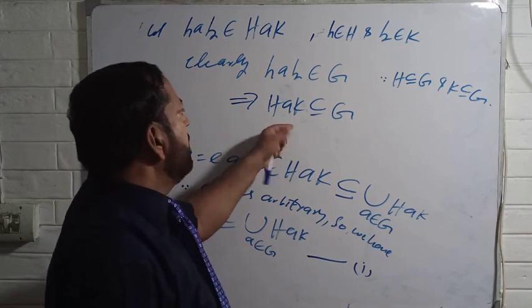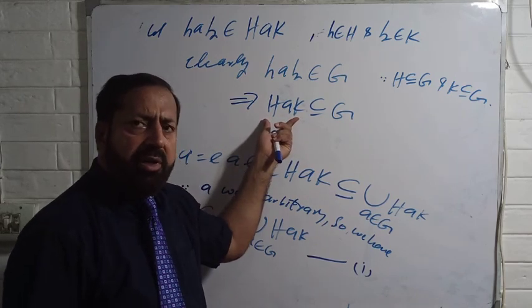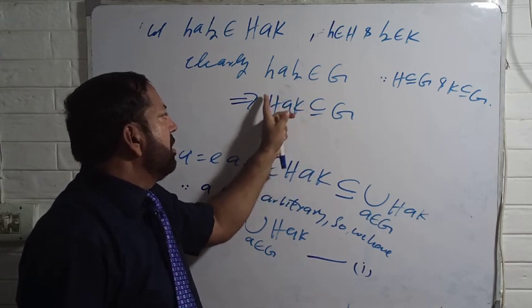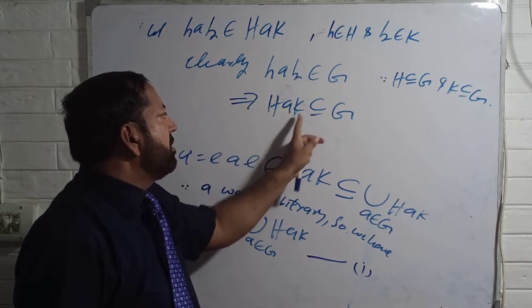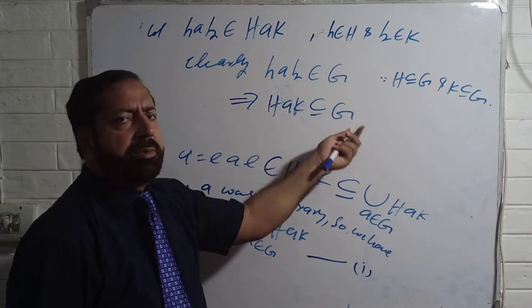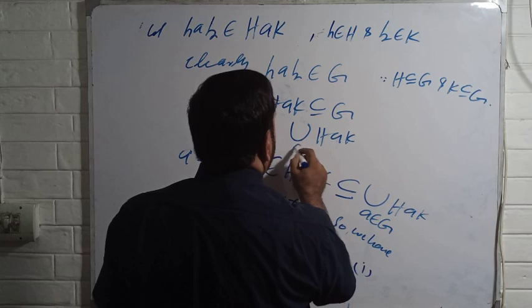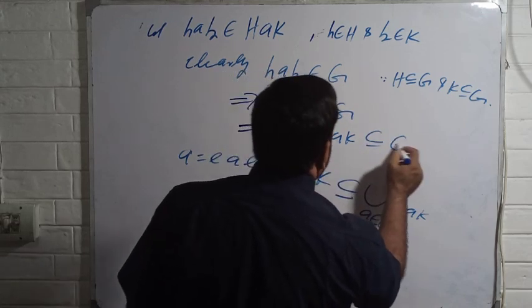So since HAK is arbitrary and this is a subset of G, the union of all subsets of the type is also a subset of G. This implies that the union of HAK, A belonging to G, is a subset of G.